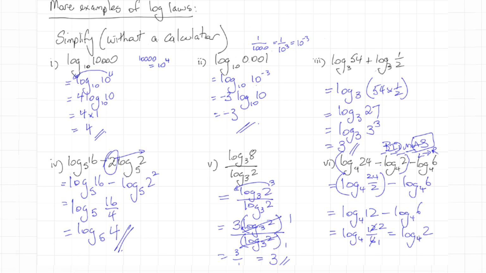And you can ask yourself, log to base 4, well, we've got 2 as a base is log to base 4 of 4 to the power of 0.5. 0.5 is a square root, and the square root of 4 is equal to 2. So 4 to the power of 0.5 is another way of writing the square root of 4, which is 2.